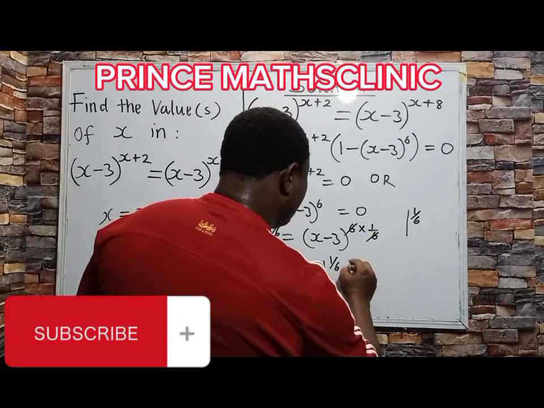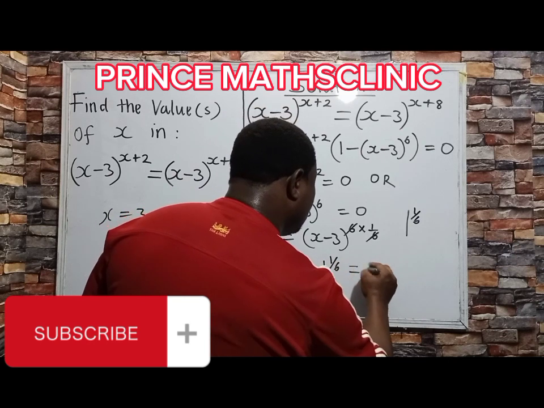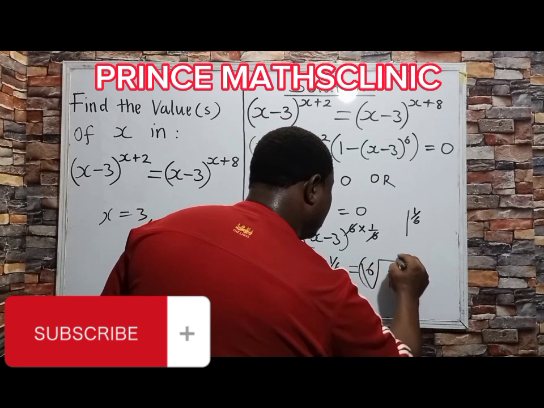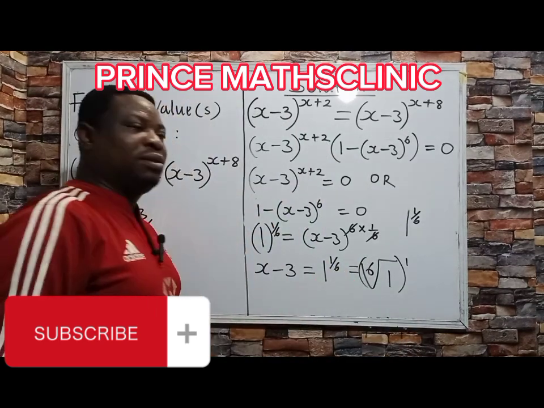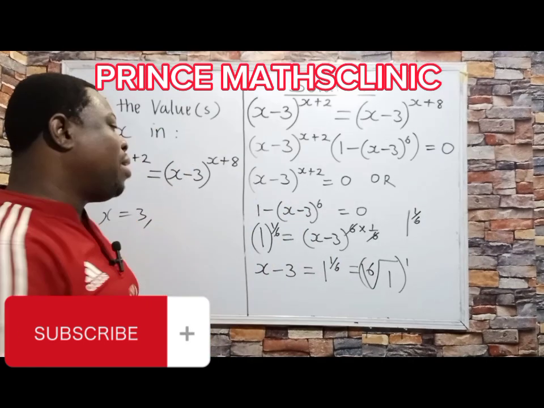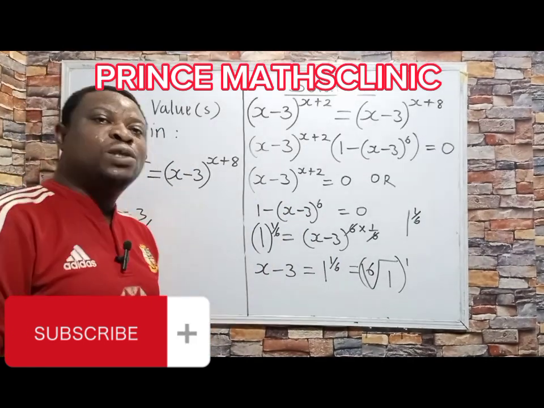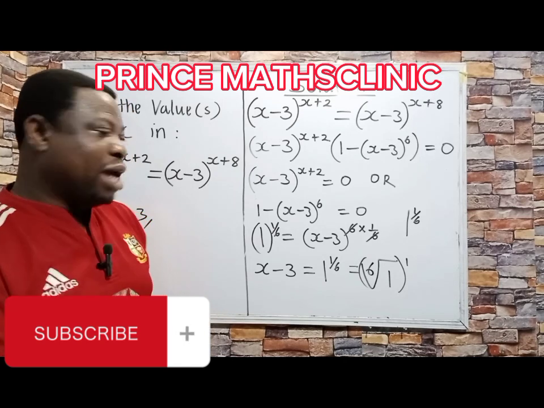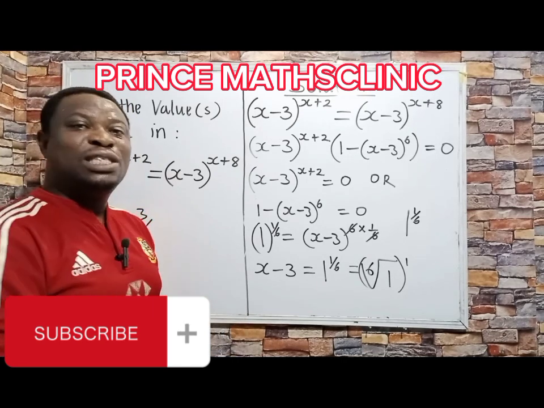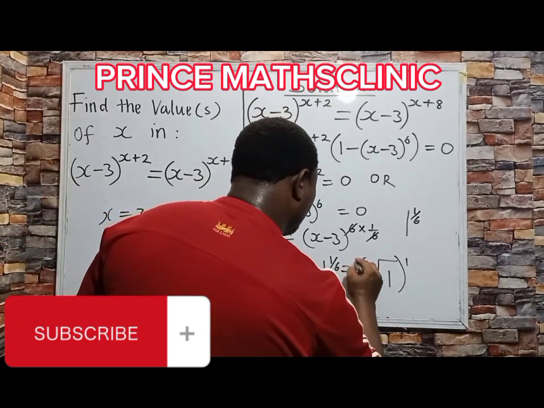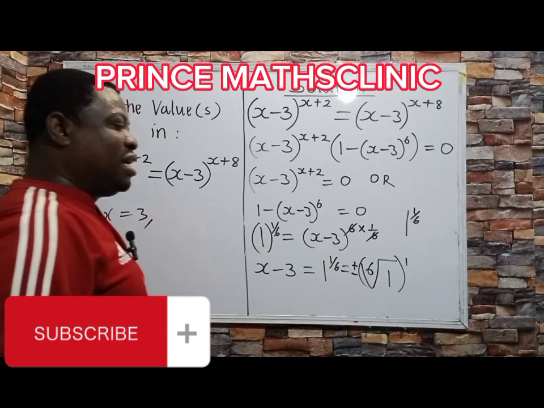So what do I mean? It means that this becomes the sixth root of 1 carrying a power of 1. The sixth root of 1 carrying this 1 as its power. So sixth root of 1 means, what will I multiply 6 times to give me 1? It is still 1. And 1 raised to the power 1 is still 1. So because this is a root, I am going to put a plus or a minus there.